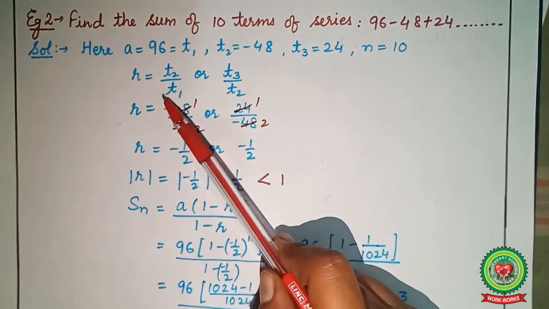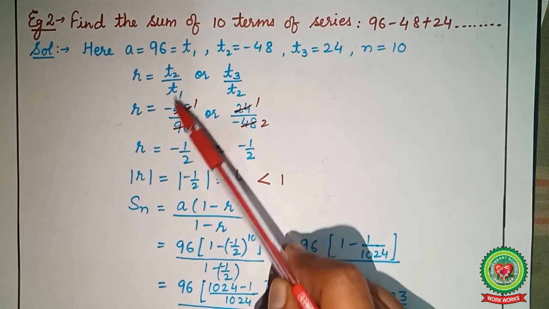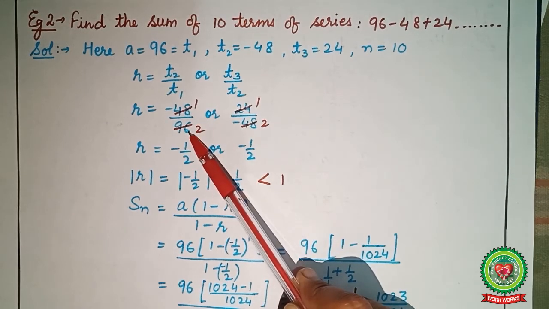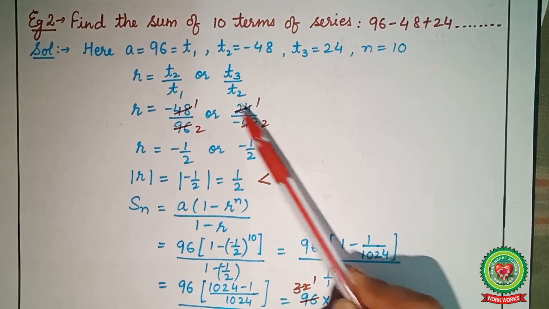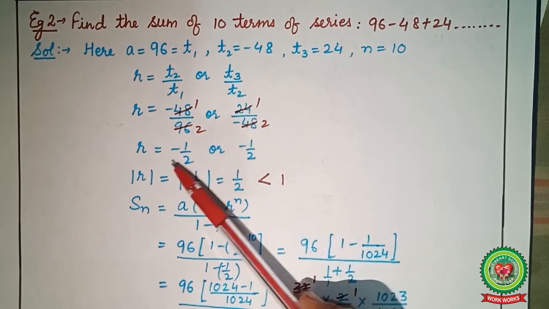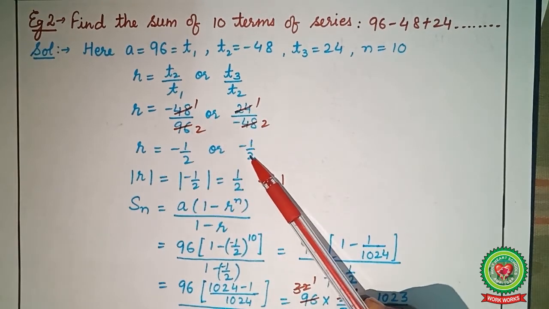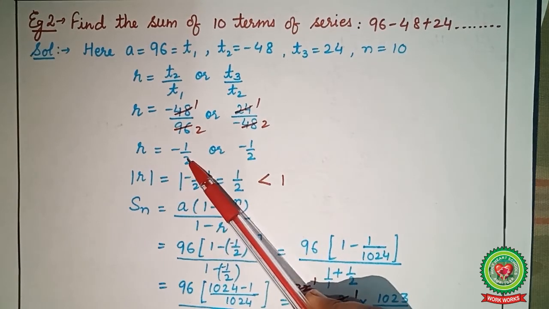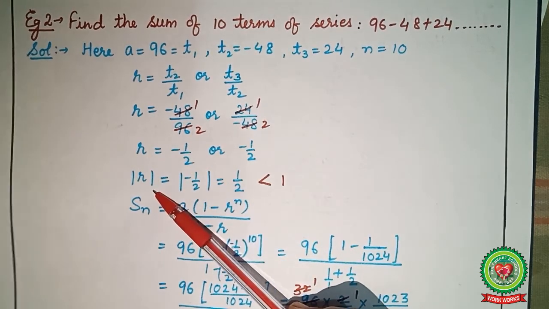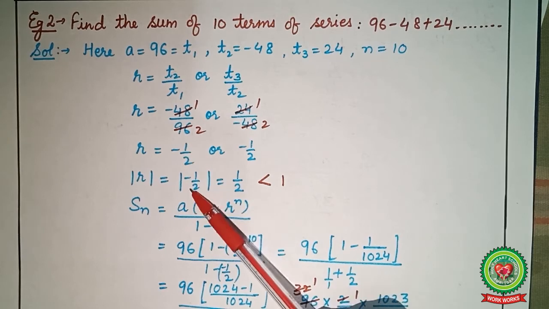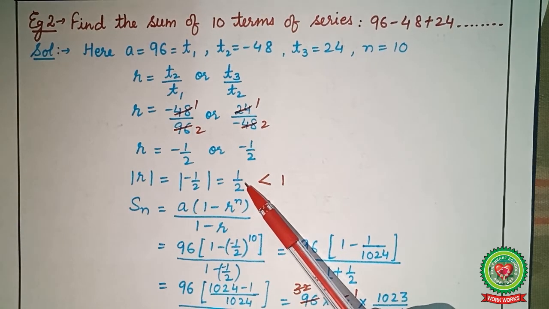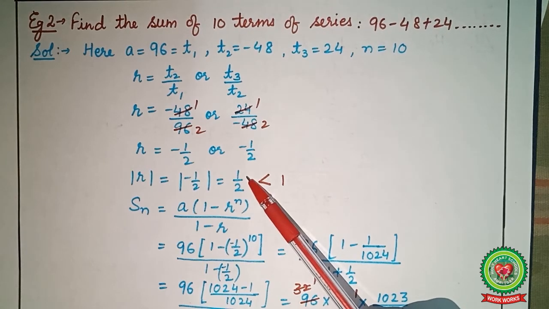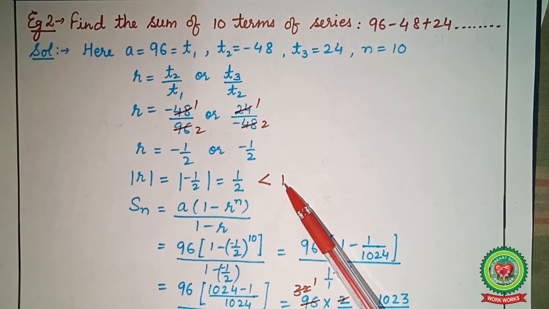And R we can find by dividing the terms, that is minus 48 upon 96 or 24 upon minus 48. After cutting we are left with minus 1 by 2. Now the value of R is minus 1 by 2. Take its modulus value; it changes its sign, so mod of minus 1 by 2 is equal to 1 by 2, which means 0.5, less than 1.